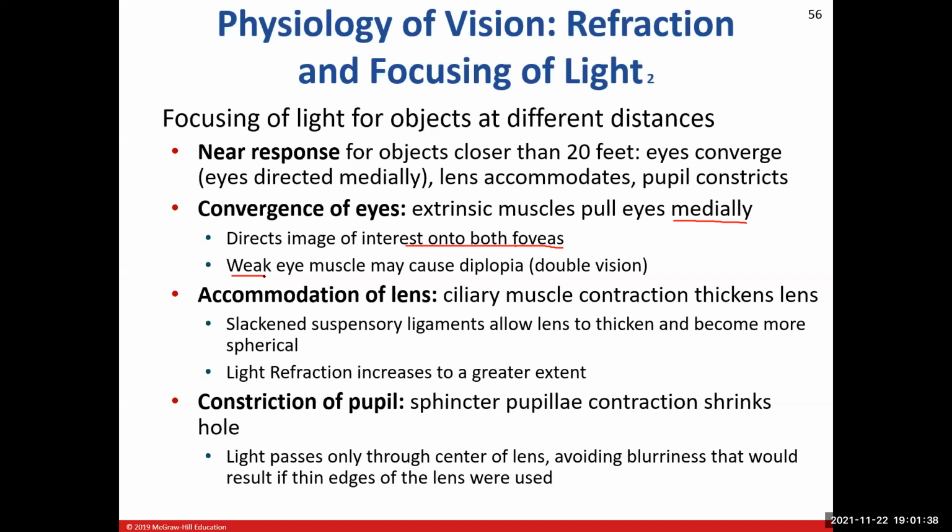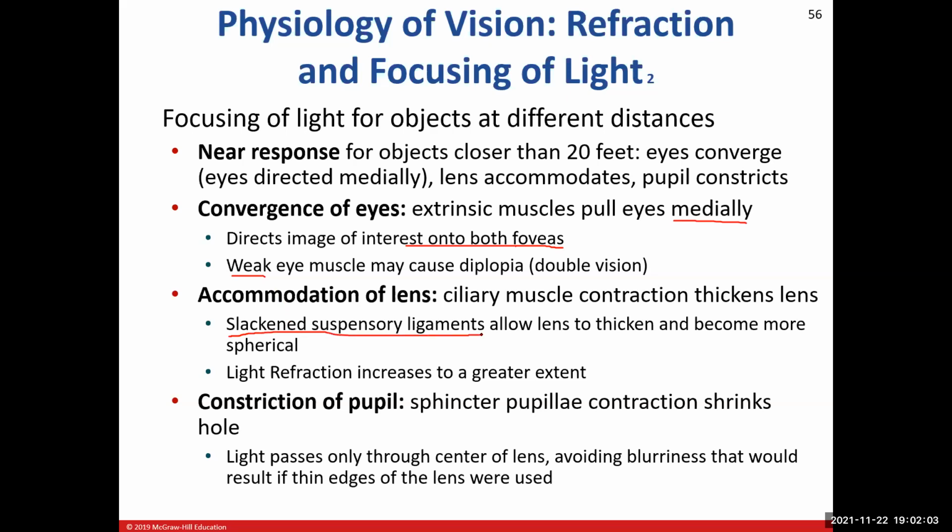The next part of the near response effect is going to be the accommodation of the lens. And what we're going to see here is the ciliary muscle, which is located in the ciliary body there in the eye, will contract. Because of the ciliary muscle contracting, it causes a slackening of the suspensory ligament.